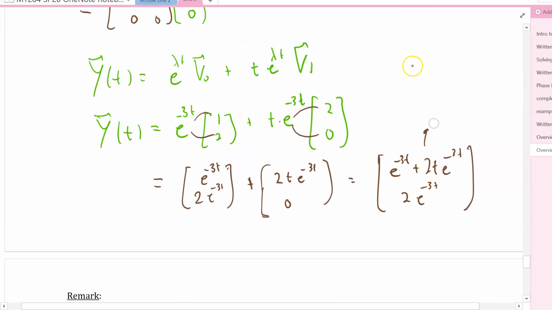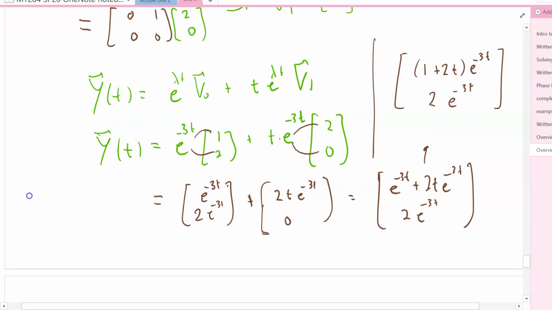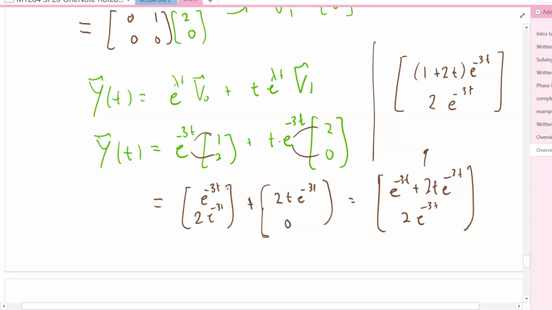Sometimes you might see this written where you're factoring out the e to the -3t from both of those terms, so you don't have to write it once, and what will we be multiplying that by? We'll be multiplying it by 1 plus 2t for the first component, and then we would just have 2 times e to the -3t there in the second component. You might see that done sometimes. Alright, so you get polynomials, in this case a linear polynomial, times e to the -3t.